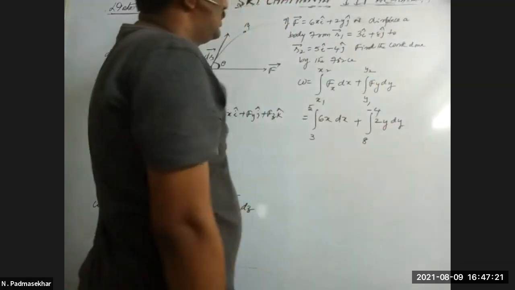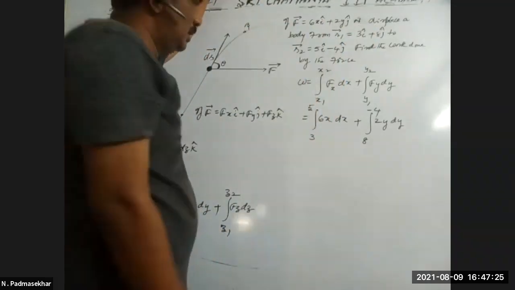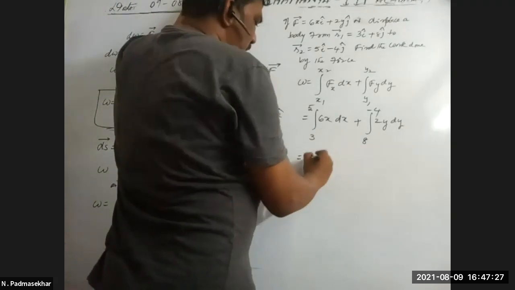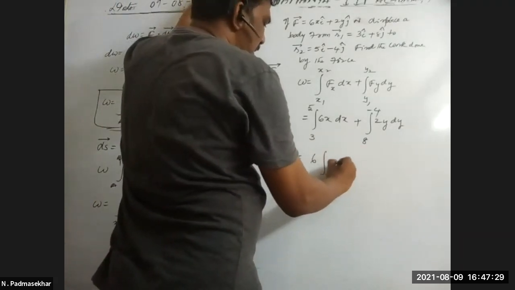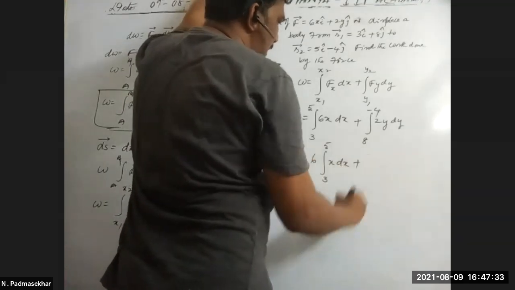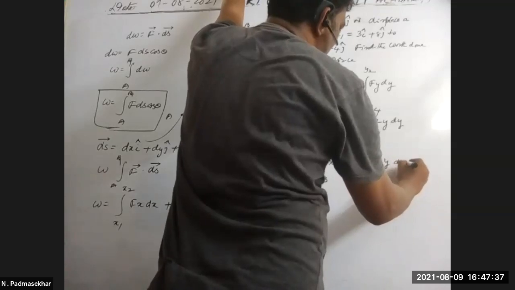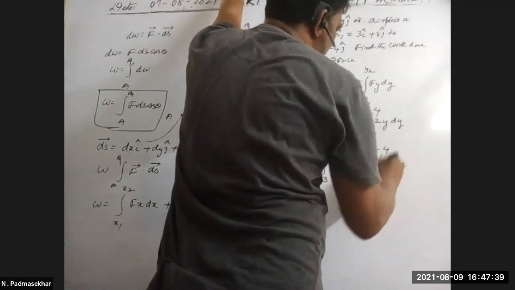So this is equal to 6 times the integral of x dx from 3 to 5 plus 2 times the integral of y dy from 8 to minus 4.